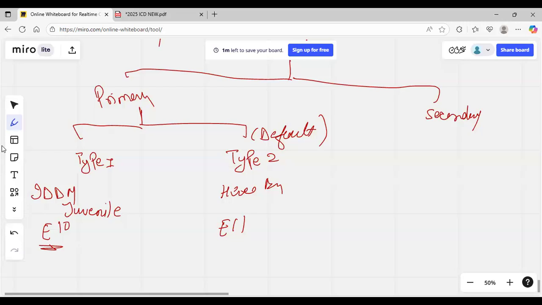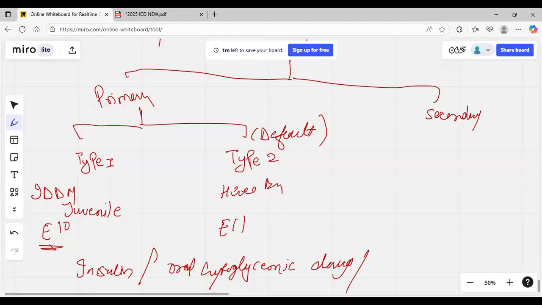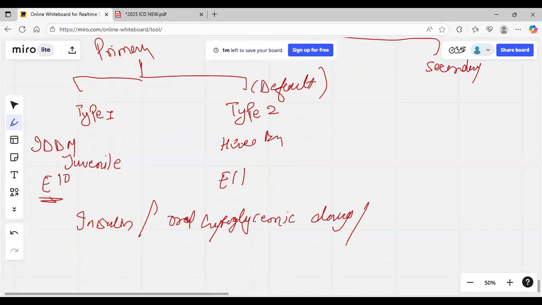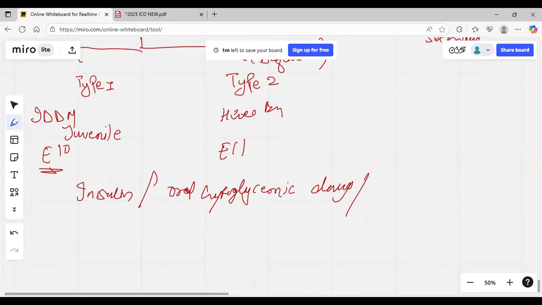If the patient has primary diabetes and is using insulin or oral hypoglycemic drugs, which are anti-diabetic injections or medications, in that case you have to use a long-term use of insulin or drug code as a secondary diagnosis.